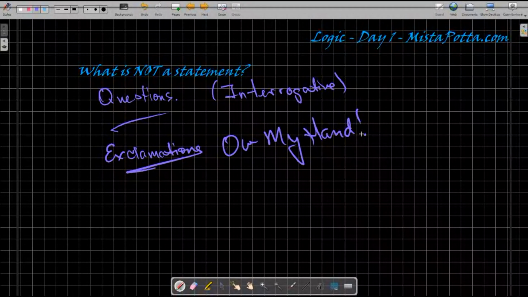Because that's not a true or false sentence. That's really just an exclamation. I'm kind of saying something for the purpose of showing emotion, expressing anger, outrage, pain, what have you. So a statement is not a question, a statement is not an exclamation, and a statement is not a command.